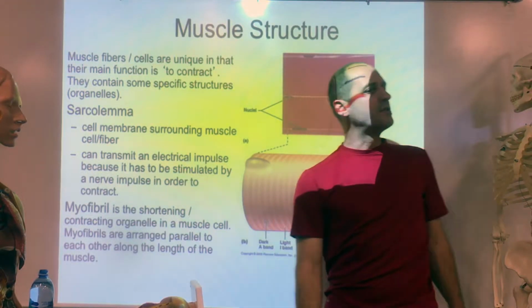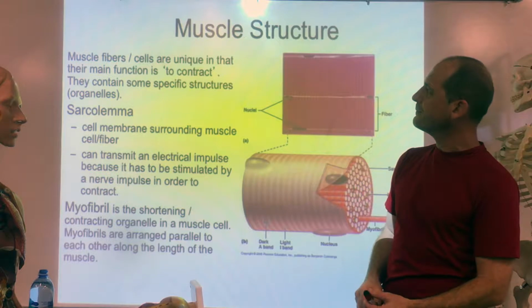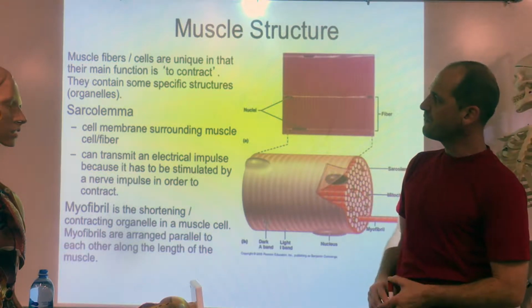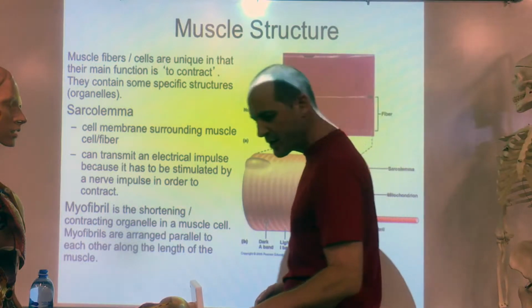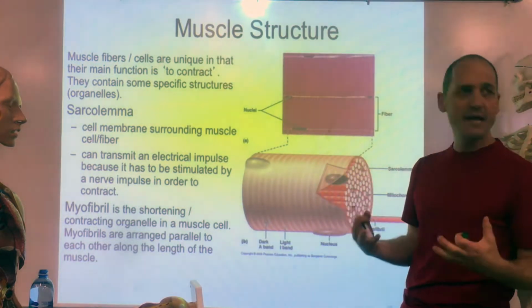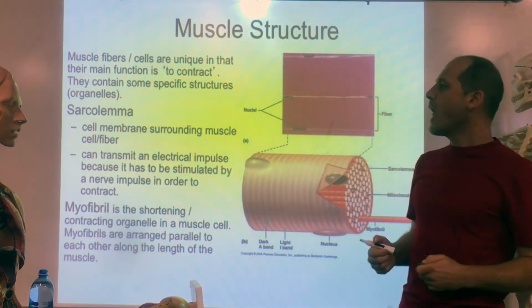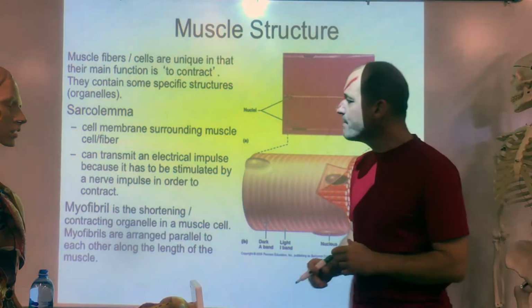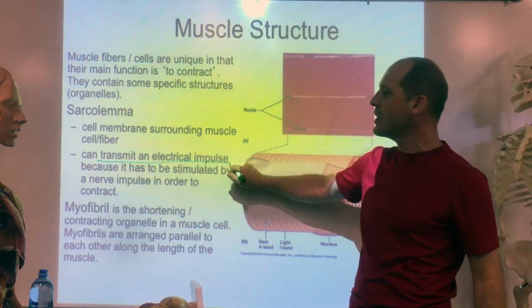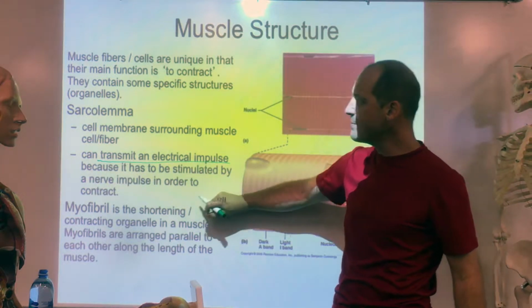So let's go a little bit deeper into muscle. Let's talk about muscle structure. When we talk about the muscle fiber, again, its uniqueness is that it contracts. And we talked about how it needs to be stimulated and needs to be excitable. The cell membrane in the muscle is able to transmit an electrical impulse when it is stimulated by a nerve.